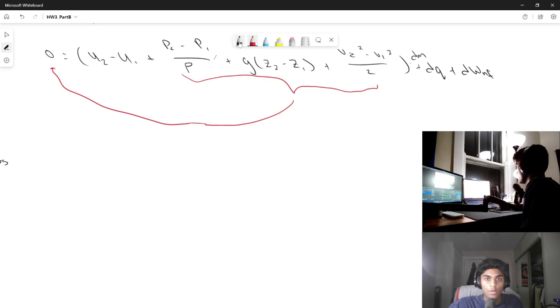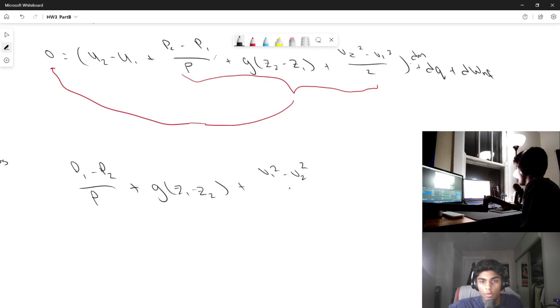Remember to reverse our numerators here. So P1 minus P2 over rho, plus g times Z1 minus Z2, plus V1 squared minus V2 squared over 2, multiplied by dm.